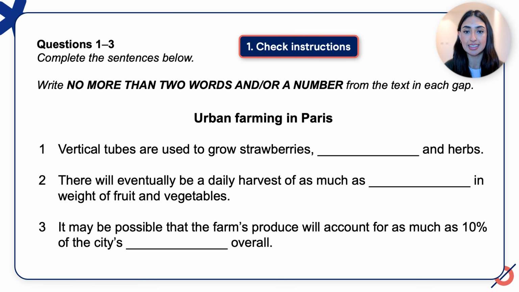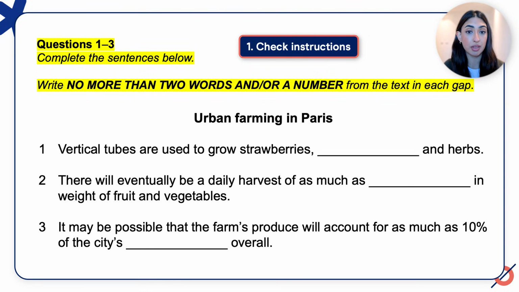The instructions tell us, questions 1 to 3, complete the sentences below. Write no more than 2 words and/or a number from the text in each gap. This means that you could possibly write 1 word and a number, 2 words and a number, 1 word only, 2 words only, or a number only.